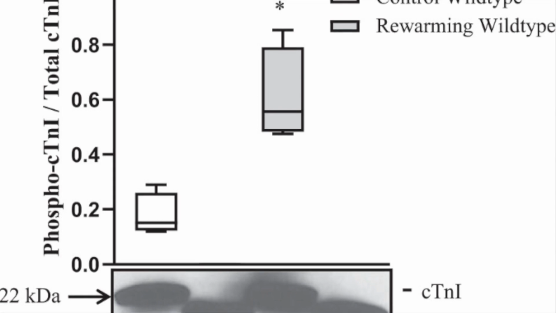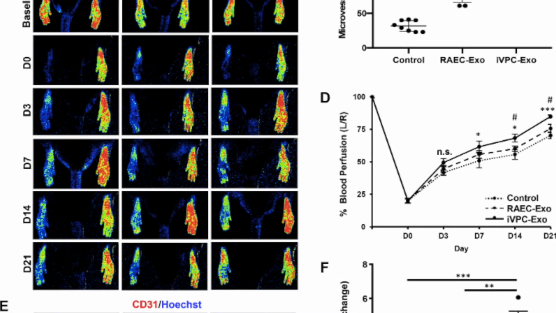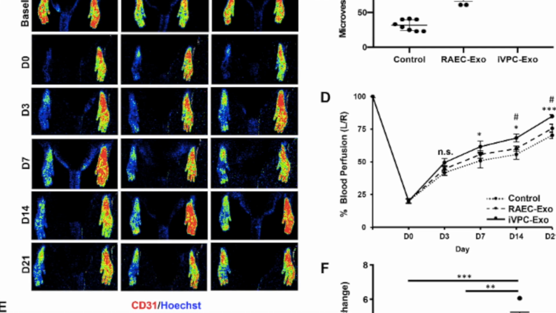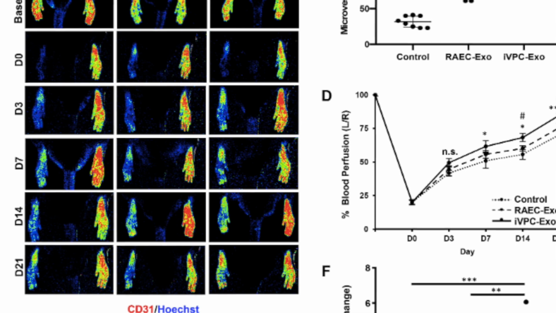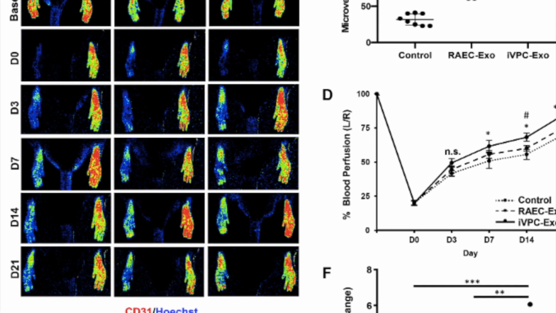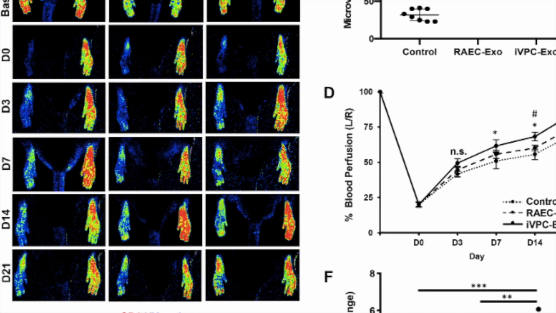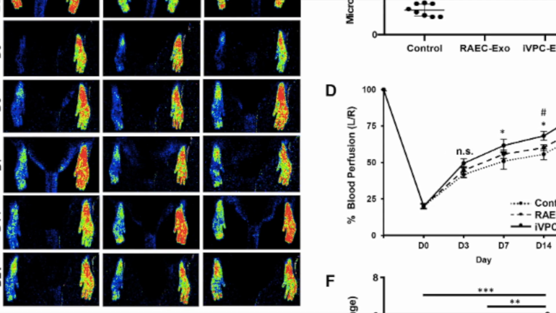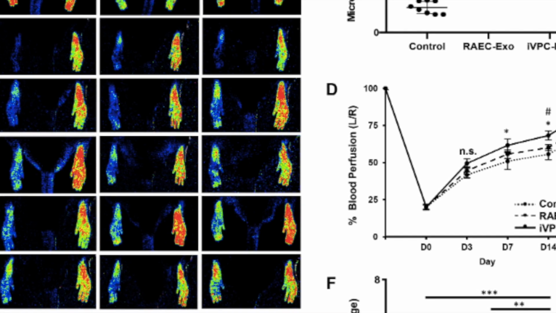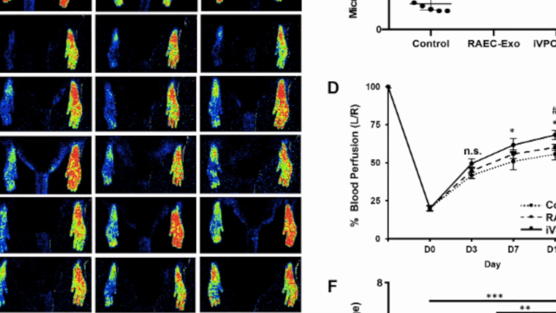Immediately after rewarming, significant differences between groups were found in cardiac output, stroke volume, and the preload recruited stroke work. However, end-diastolic pressure-volume relationship and tau returned to control levels within 1 hour in both groups. They conclude that hypothermia rewarming induced LV systolic dysfunction results from phosphorylation of cardiac troponin I at serine 23 and 24.